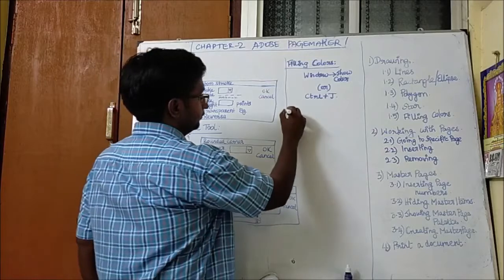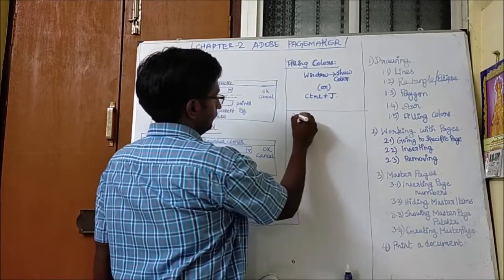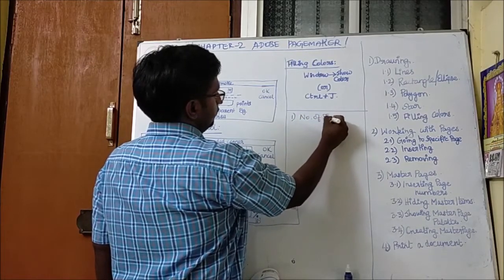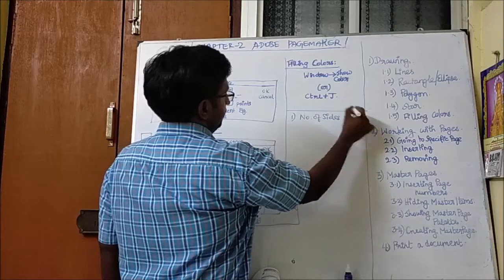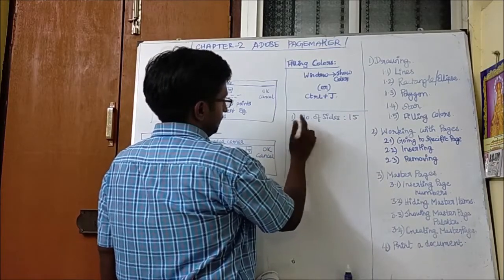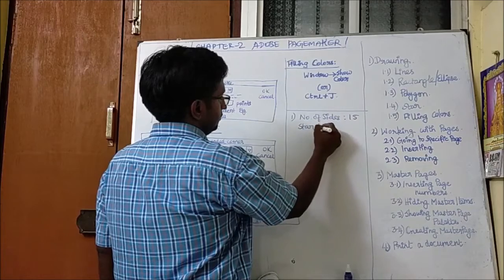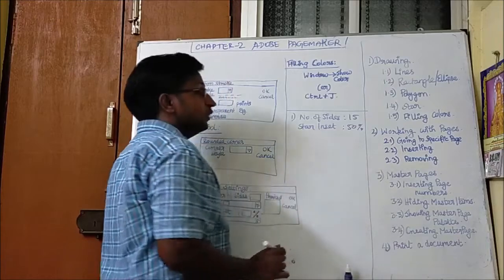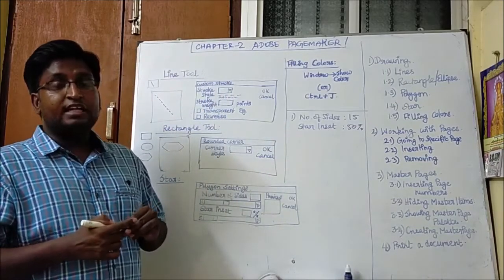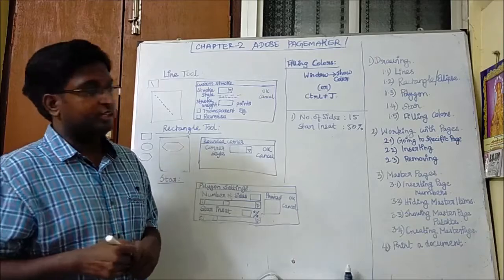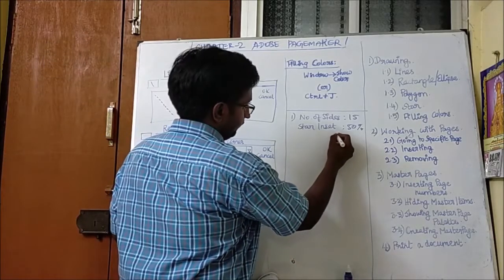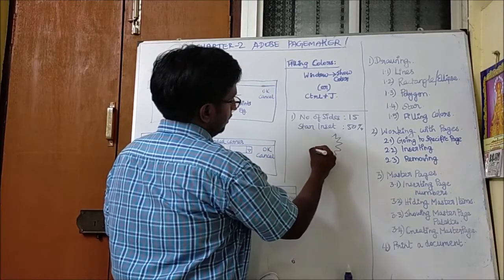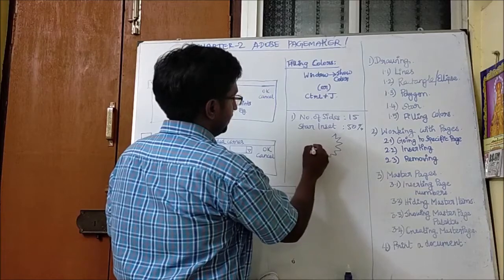The first one is number of sides 15 and star inset is 50%, which means the connecting edges of the sides, assume this is the second example which they have given.